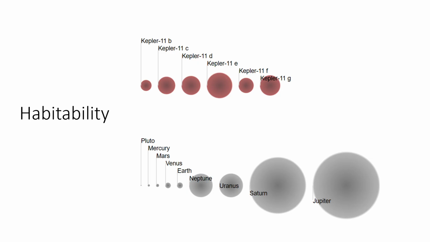So for how habitable Kepler-11 is, I think it's not that habitable because Kepler-11 has all 6 planets orbiting close by each other, and I couldn't really figure out an equation or some kind of formula that I could plug our data into, or external data into, to figure out the surface temperature or anything.